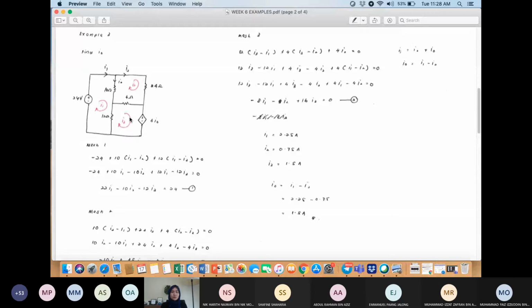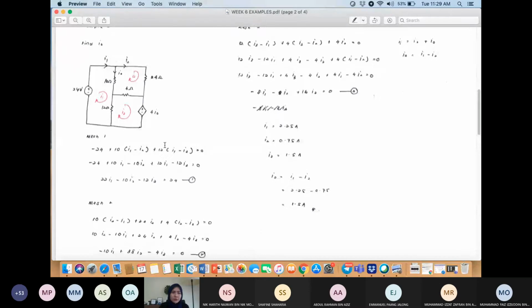So the I0 is over here. In order to find I0, later we need to use KCL. But before we can find I0, we need to find I1 and also I2 first. So same steps. We have 3 mesh currents, I1, I2 and also I3.